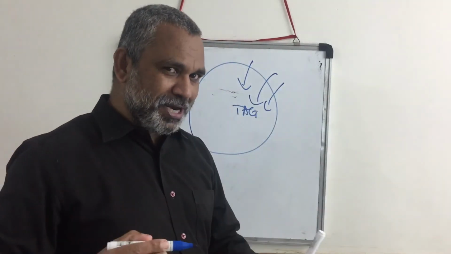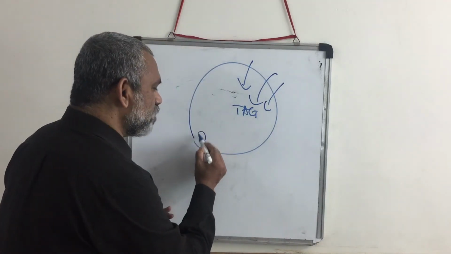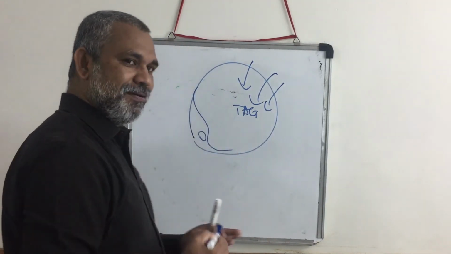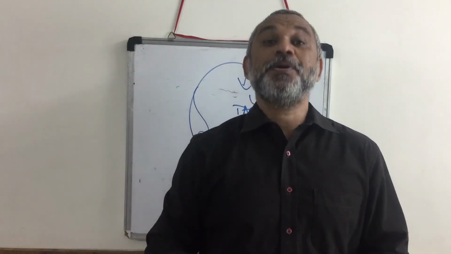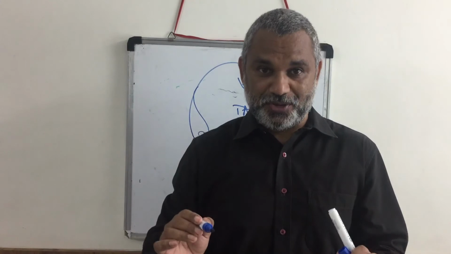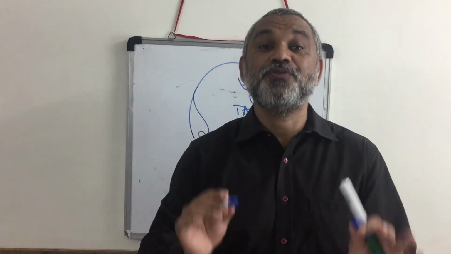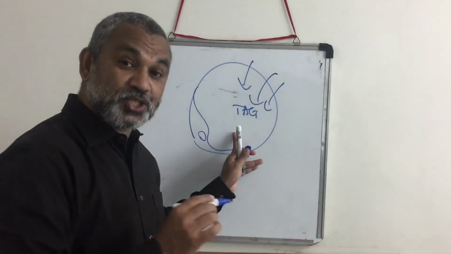The more there is, the more it pushes the nucleus to one corner, and the rest is all filled with triacylglycerol, because these are the storage molecules, an excellent fuel molecule. So this is stored inside for future use.